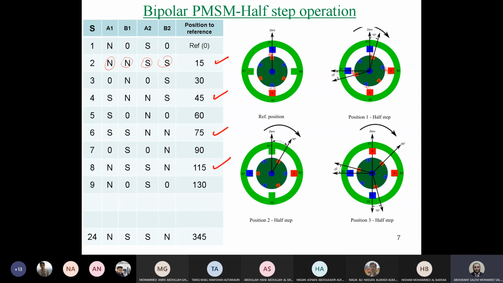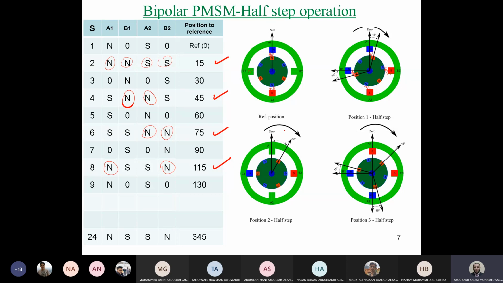So in this case, you will find in each step you will energize all the coils. So four teeth are energized. For the selected steps here, you will find the four teeth are energized.